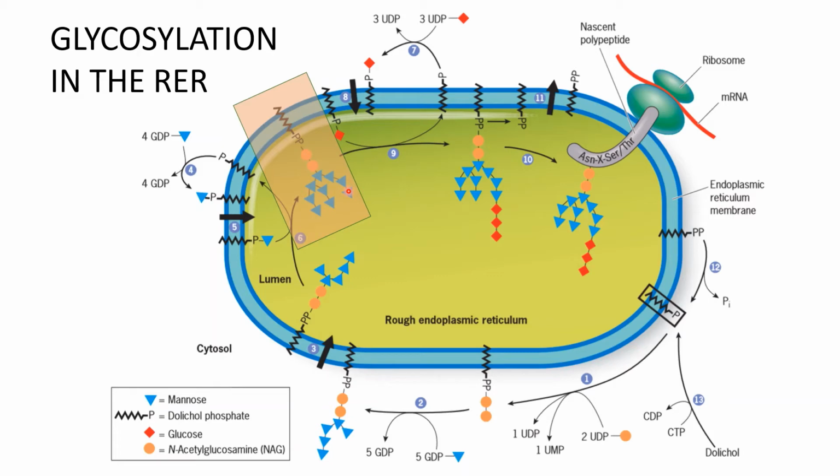Okay, and then here in step number 7, there are also more dolichol phosphates. So you can see the importance of dolichol phosphates here that are getting glucose molecules from UDP, so 3 UDPs.